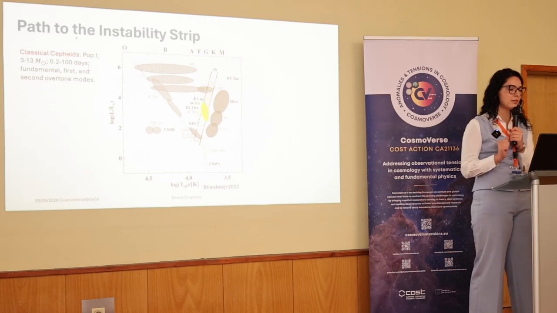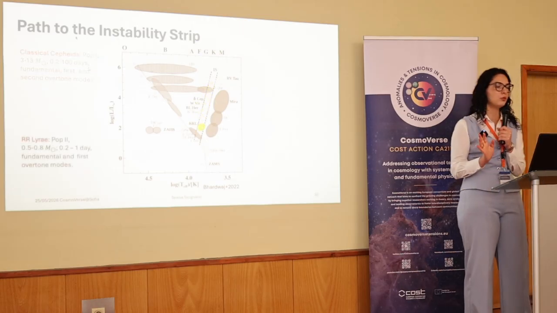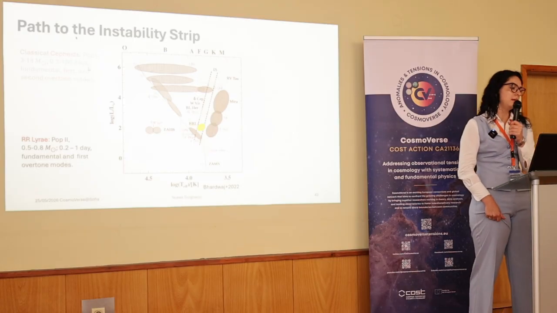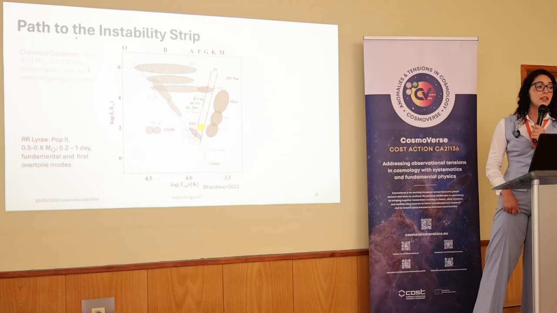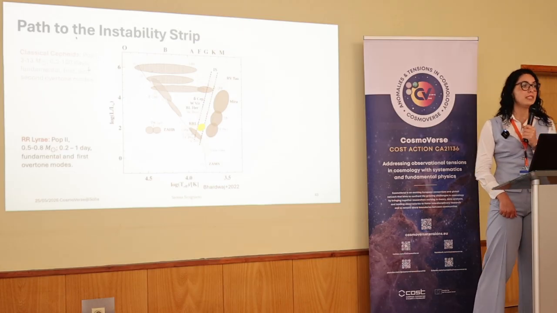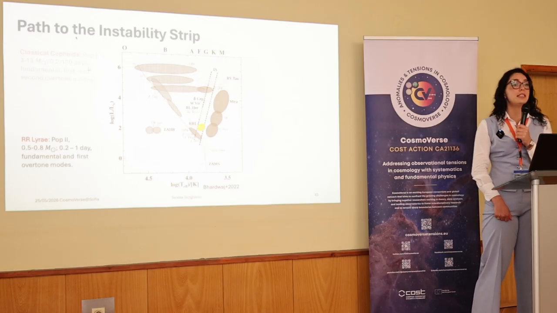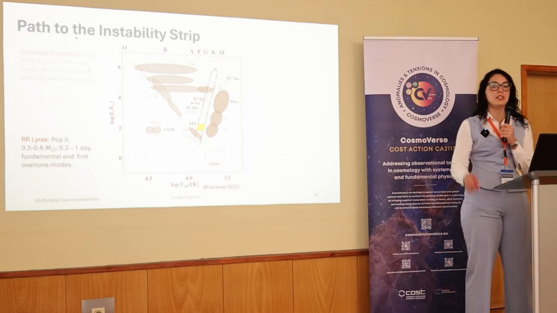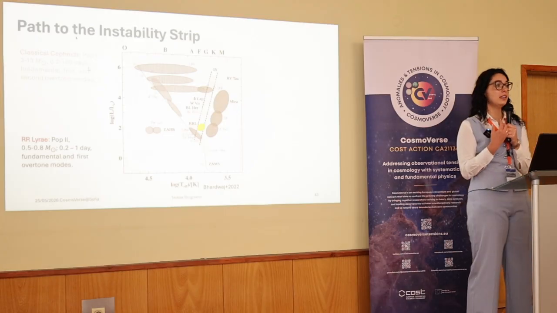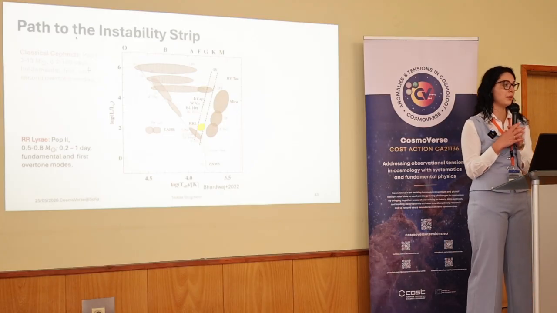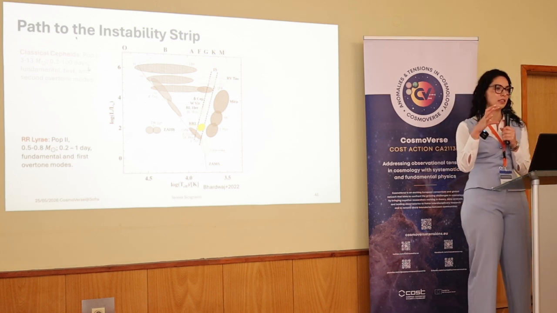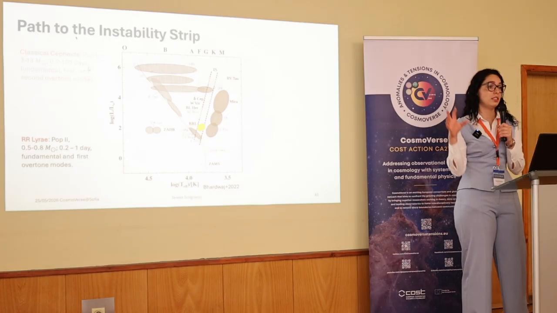So another class of pulsating star that has been used in the past century are the RR Lyrae, because they are population 2 distance indicators. This means that they are old, and as we have seen this morning, Cepheids are young, so they can suffer from crowding because sometimes they are found inside the galaxies, not in the outskirts.